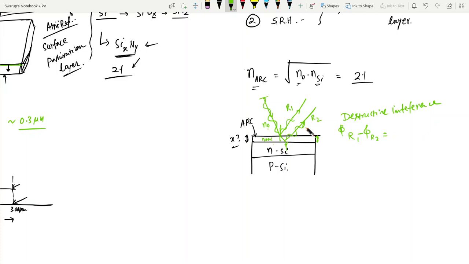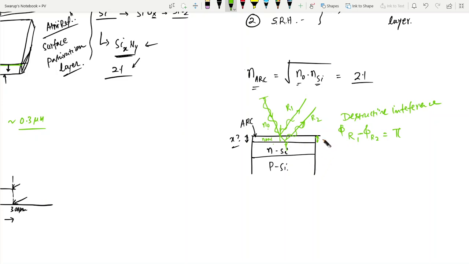They should be 0, sir. 0, right. So they should be in phase, 0, and out of phase means destructive interference, right? So out of phase, when do you say pi, or sorry, pi/2 or pi? Pi, right? So when this phase difference is pi, then they will have destructive interference, right?